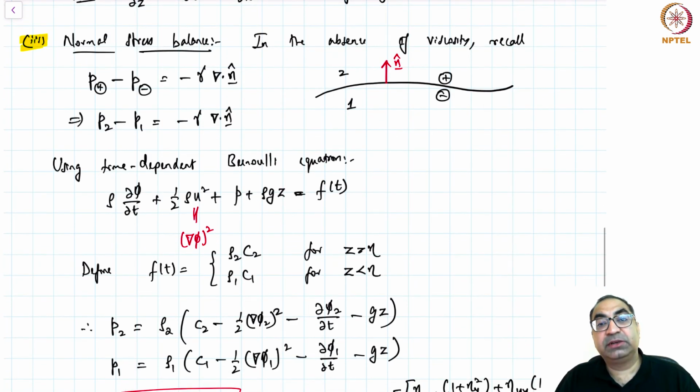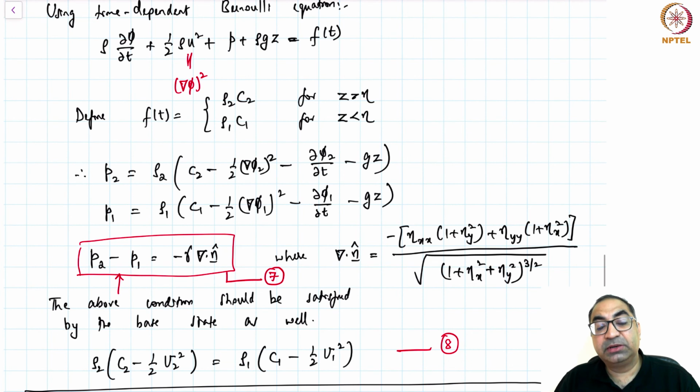And then we looked at the normal stress balance. The normal stress balance, in this case, because we do not have viscosity, only involves a jump in the pressure across this interface, and it's equal to the surface tension times curvature. And to write down the expressions for the pressure, we used the unsteady Bernoulli equation.